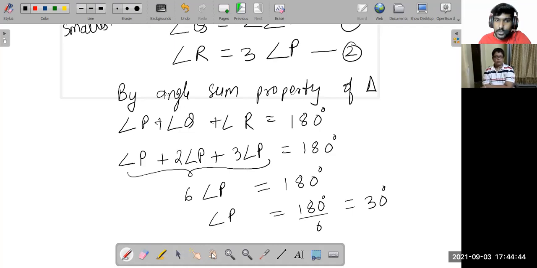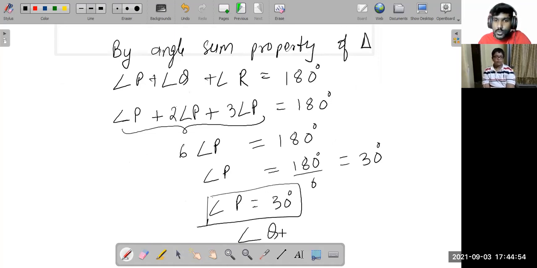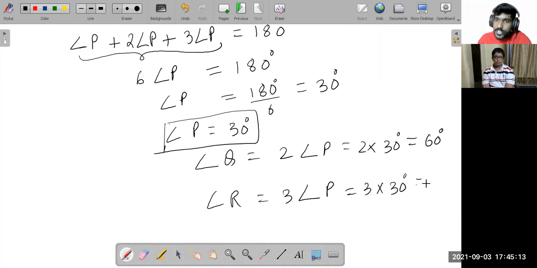So see, angle P you got correct, 30 degrees. And now you can easily say what will be angle Q and angle R. Angle Q is 2 times angle P, that is 2 into 30, which is 60 degrees. And angle R is 3 times angle P, that is 3 into 30, which is 90 degrees.